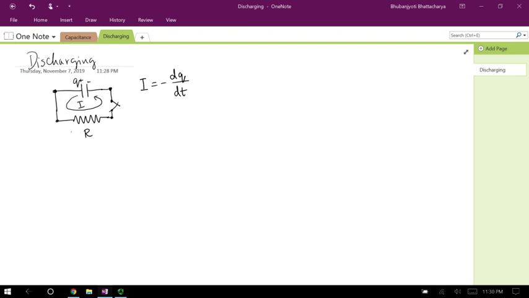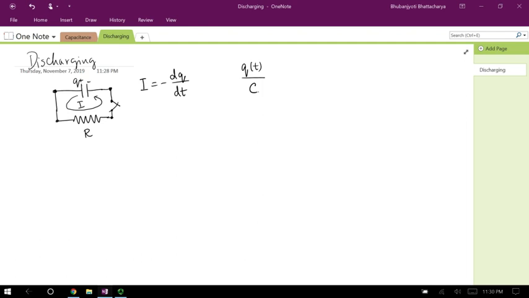Okay, so now as we go along this circuit, we can again do Kirchhoff's voltage rule. And in order to do that, remember the voltage drop across the capacitor from the positive to the negative end was V equals Q over C. So Q as a function of t over C, that's the voltage drop.